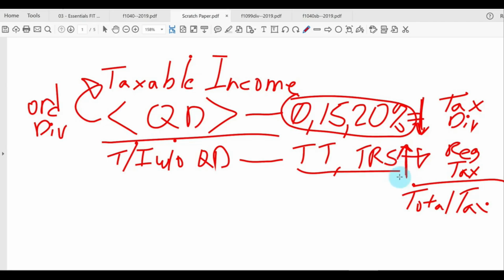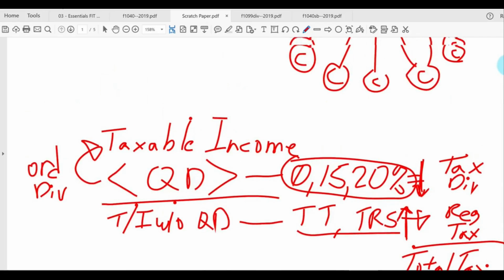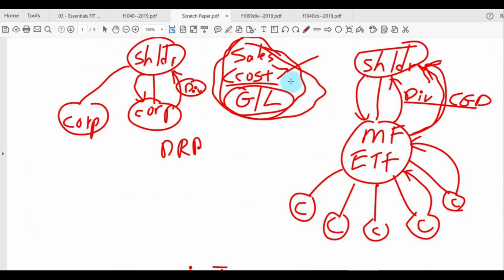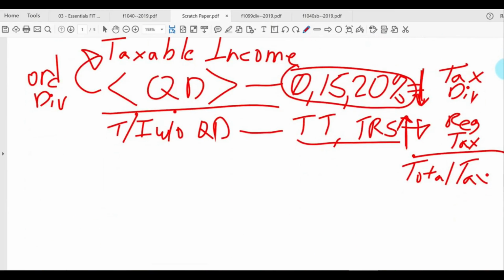Also, if you have what we call long-term capital gains, eventually if you sell your investments and you held the asset for more than 1 year and you end up with a net amount of gains, this gain will also be taxed at low rates. Low rates like the qualified dividends.